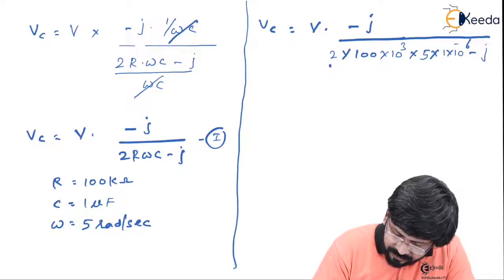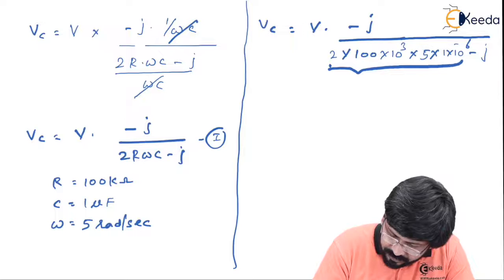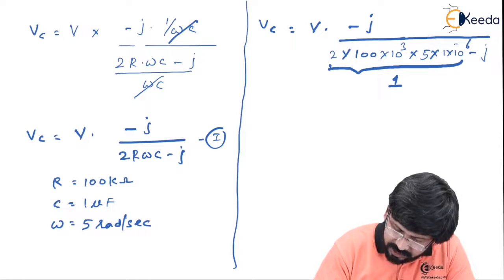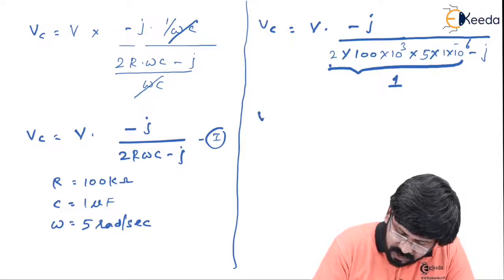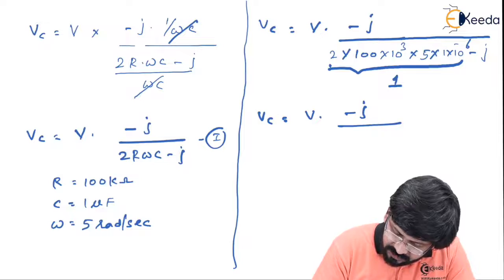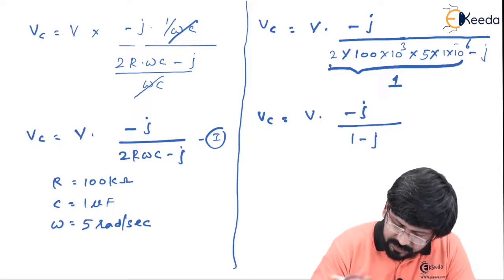If you calculate this, the whole thing becomes only 1. If you substitute this into a calculator, you will get 1. So I can now write Vc equal to V into minus j divided by 1 minus j.